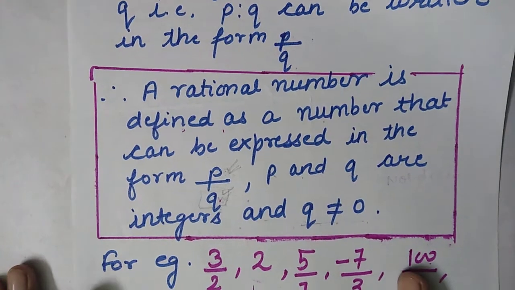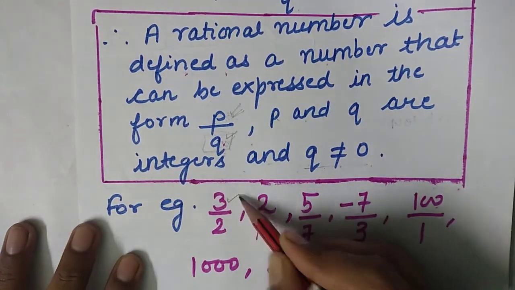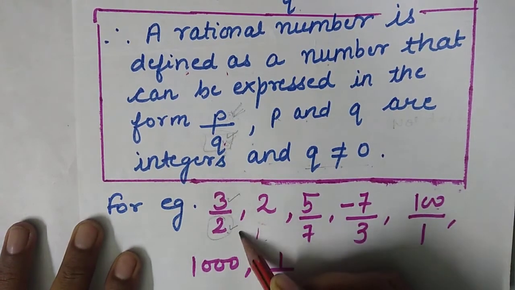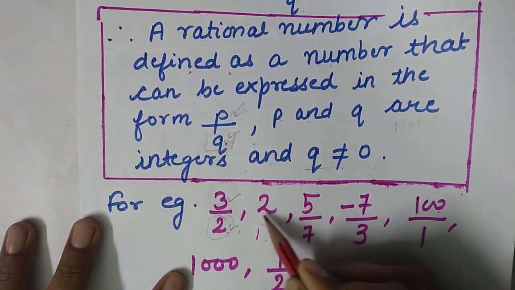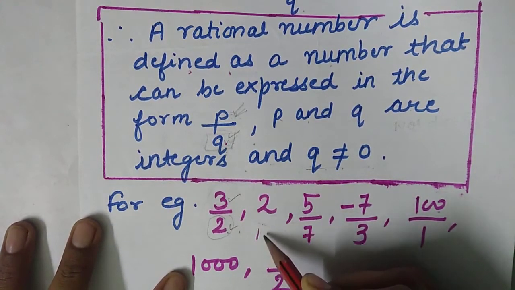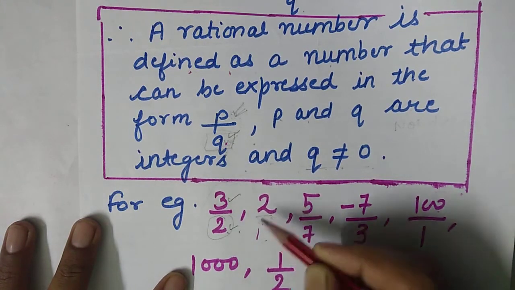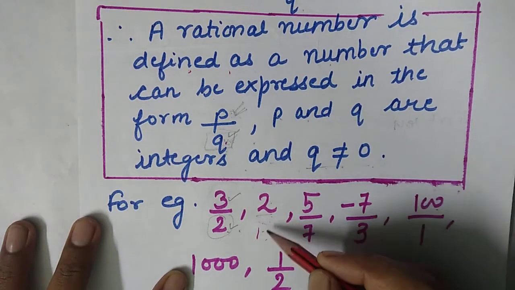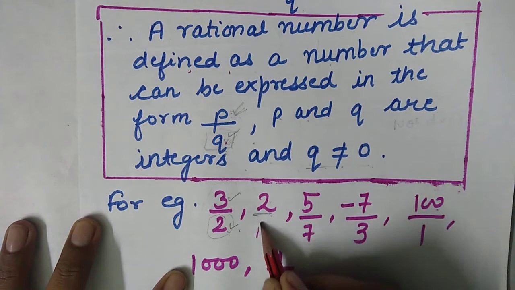For example, 3/2 is a rational number because here 3 is an integer, 2 is an integer, and the denominator is not equal to 0. So this is an example of a rational number. This 2, or you can say 2/1, is also a rational number because in numerator and denominator both we have integers, and the denominator is not equal to 0 because in the denominator of 2 we have 1.